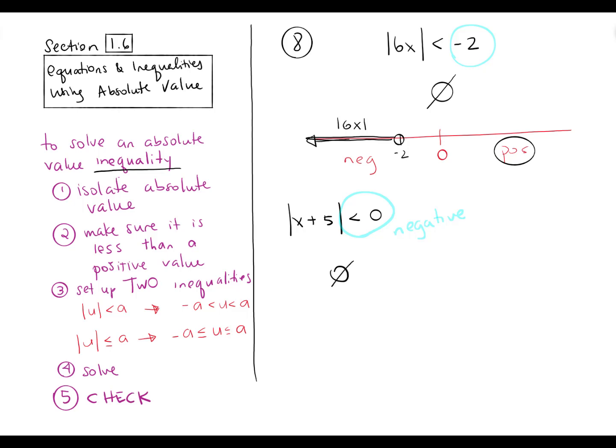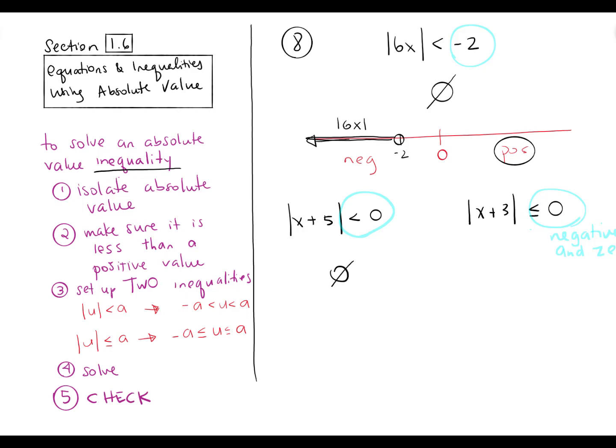But let's take into account what happens if I have it less than or equal to. The absolute value of x plus 3 is less than or equal to 0. What does this mean? It means negative and 0. Let me write that down. Negative and 0.